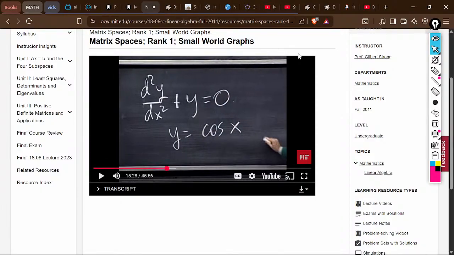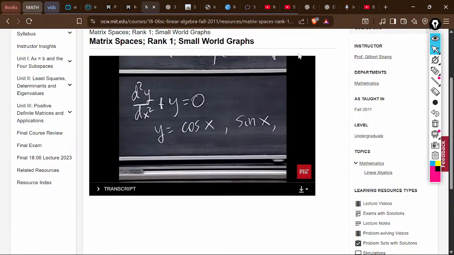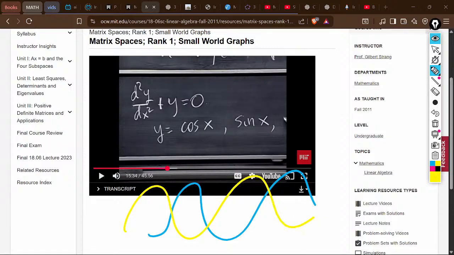Is it? My differential is off. What am I even looking at? Sin x is a solution. I do know cos x and sin x have these wavy functions. It does one of these, you know what I mean?